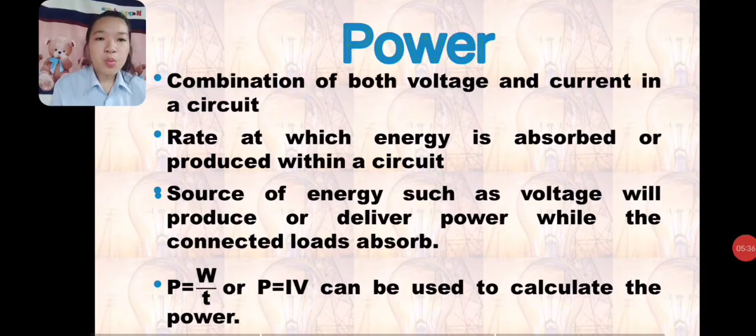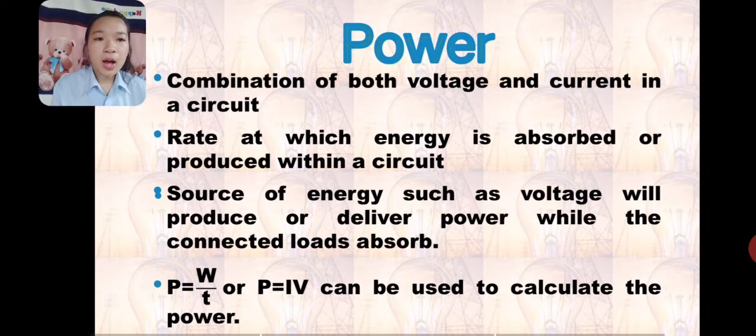Next, power is the combination of the voltage and current in a circuit. In a circuit, the electrical power is the rate at which energy is absorbed or produced within a circuit. The source of the energy, such as the voltage, will produce or deliver the power while the connected load absorbs it.